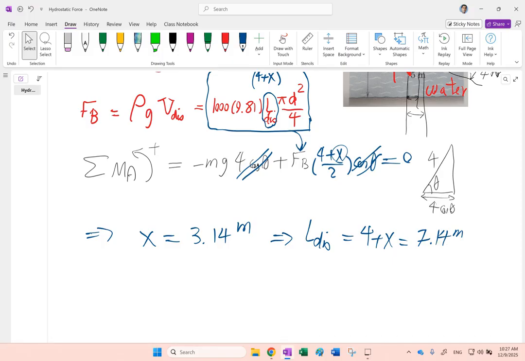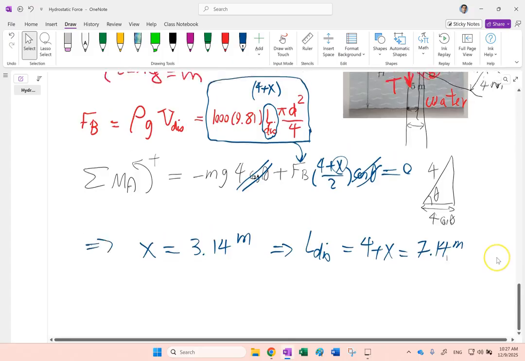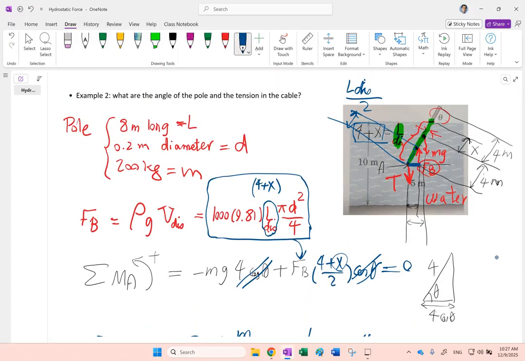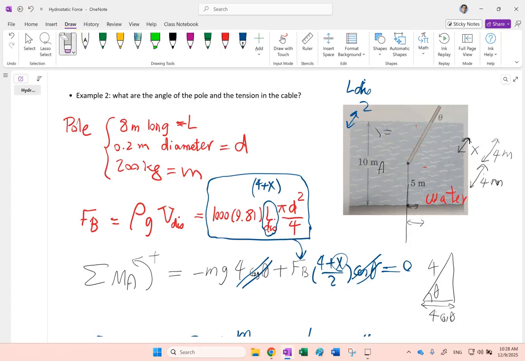Now that you found it, how would you find the angle? For the angle, we can easily do simple geometry. How? Well, look here. If you look at this triangle here, I might need to do a little bit of cleanup because it's too busy. There we go. I can look at this triangle here. How much is this?